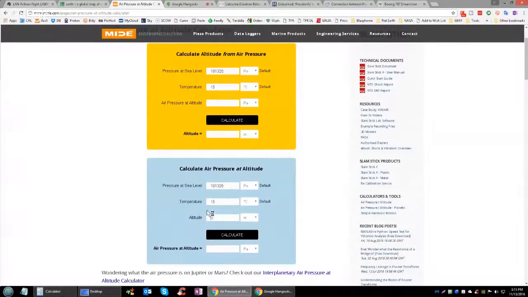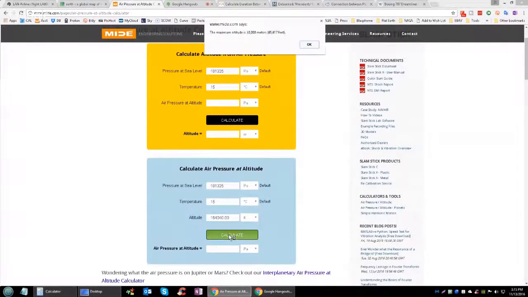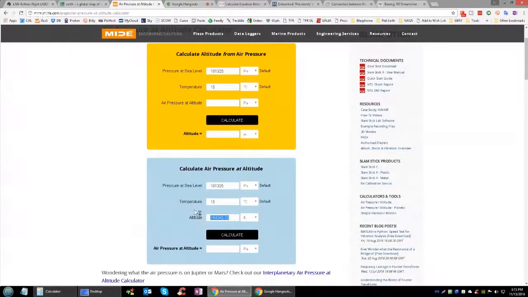If you put in 50,000 feet altitude here and then calculate, and you don't change the temperature, see the difference here. This is 11,597. But by putting in the temperature that we came up with, which was negative 160, that's going to change this by almost tenfold. So then I was able to see.